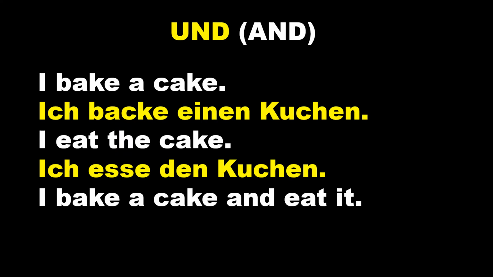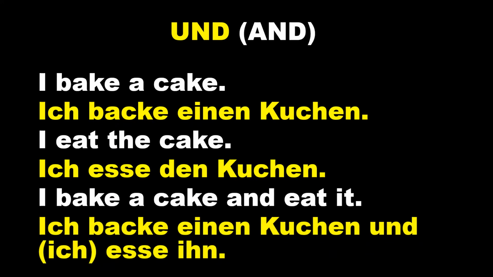I bake a cake and eat it. The translation will be: Ich backe einen Kuchen und esse ihn. Here you can see I have written ich in brackets. We don't need to write ich once again because the subject is the same for both sentences. That is why, while combining these two sentences, we can avoid writing the subject.